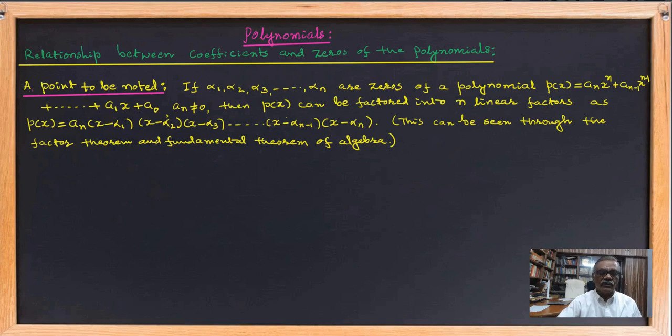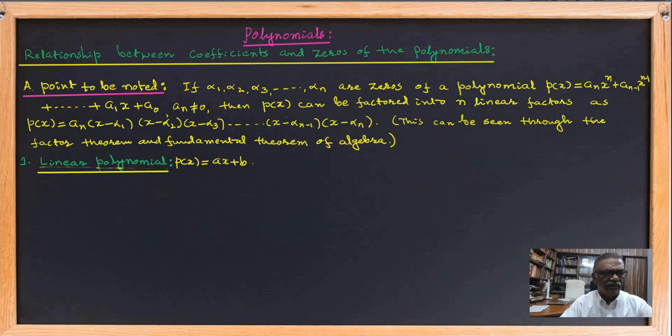Now first I am going to consider a linear polynomial. The general form of the linear polynomial is p(x) = ax + b.